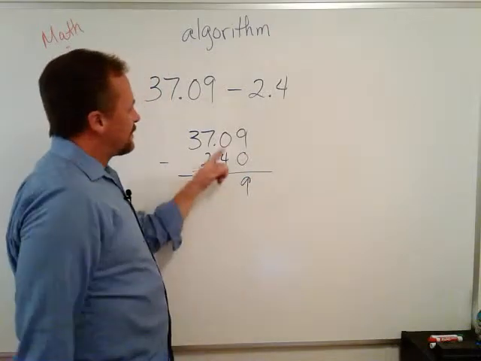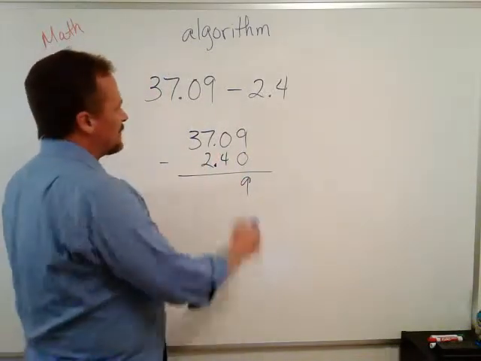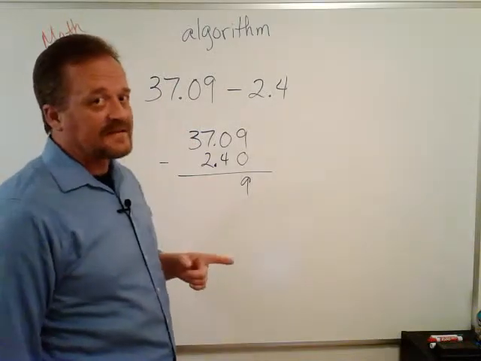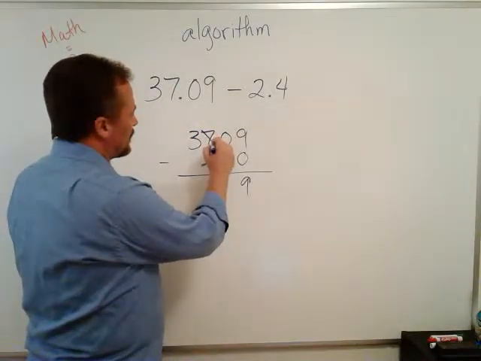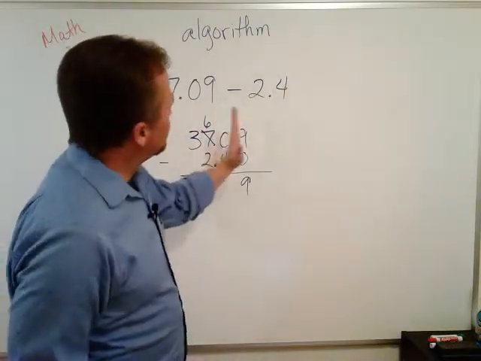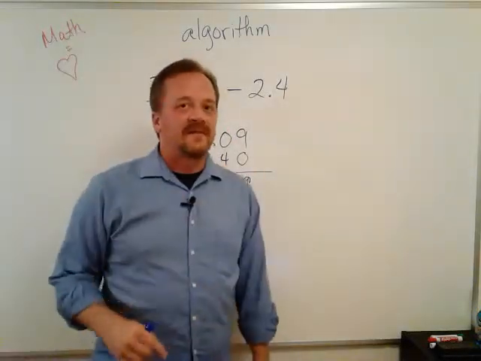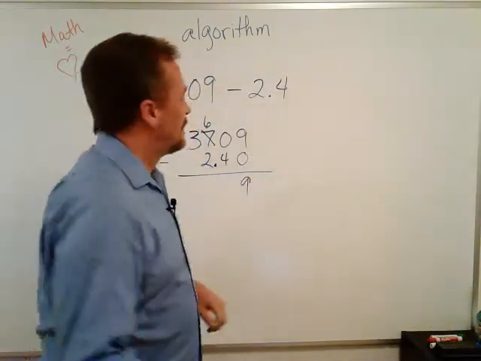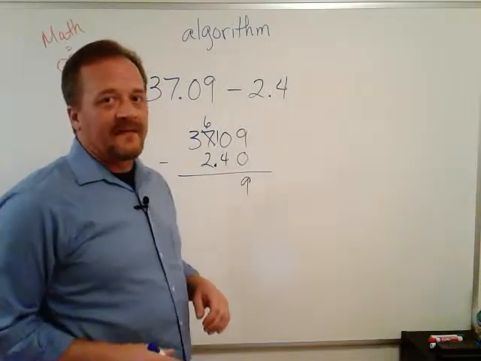I can't take 4 from nothing, so I'm going to have to borrow a 1 from the ones place. So let's cross this out. It's now only 6 ones here, and I'm going to give that 1 to the tenths place. When I give that 1 to the tenths place, I basically cut it up into 10 pieces, and that's why we write that there.